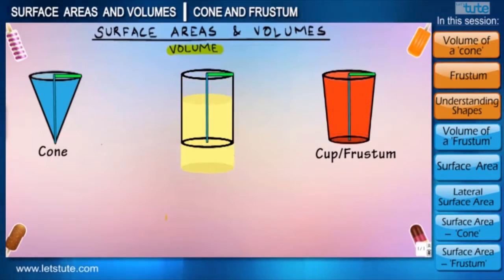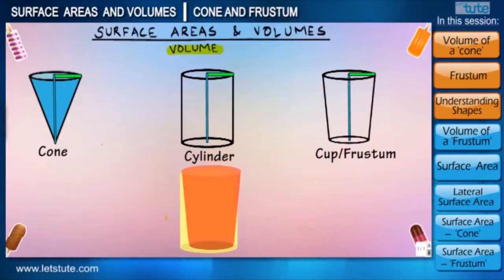Now in such a condition, if we try to fit a frustum into the cylinder, it will look as if the upper circular surface of both of these shapes will be same, but there will be a difference when it comes to the lower circular base, because the lower circular base of the frustum is a little smaller than that of the cylinder when they have the same parameters.